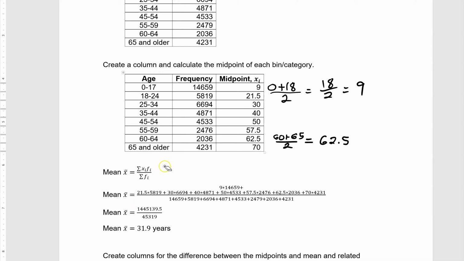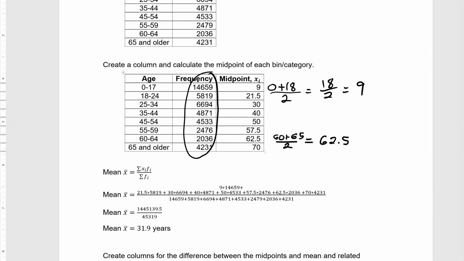This next step for calculating the mean is to find the sum of the midpoints for each bin multiplied with the frequency for each bin. And then I divide it by the total frequency of each bin, which really is the total frequency of adding all of these frequencies, which ends up being the total number of people surveyed in this sample.